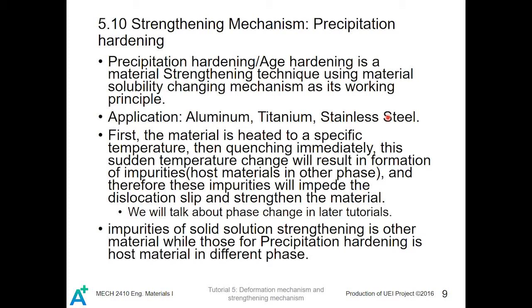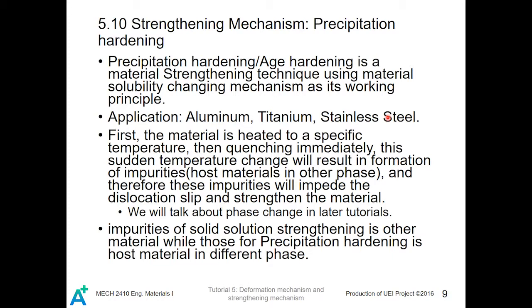This sudden temperature change will result in the formation of impurities, which are host materials in another phase. Phase will be discussed in tutorial 8, and these impurities will impede the dislocation slip and strengthen the material.